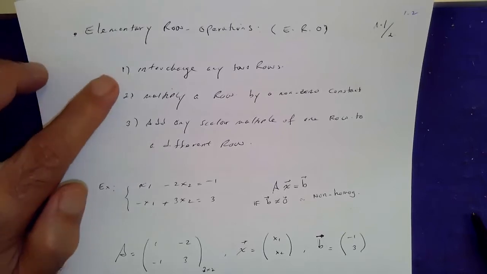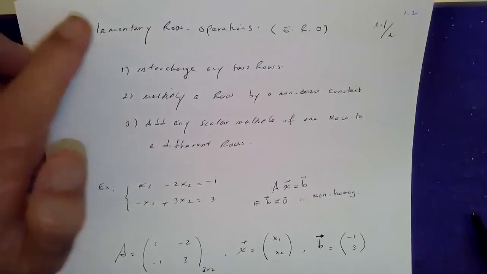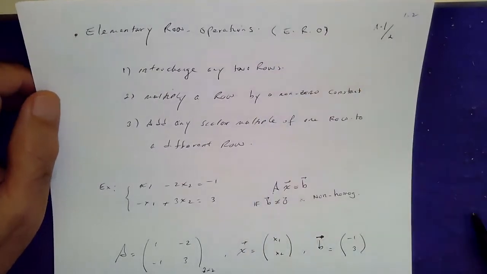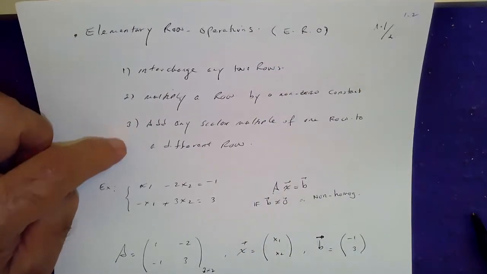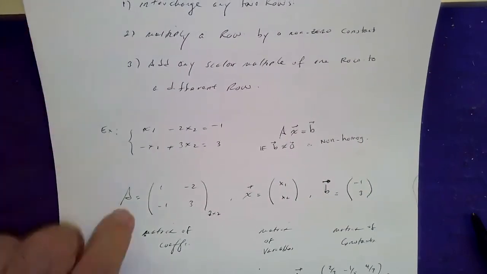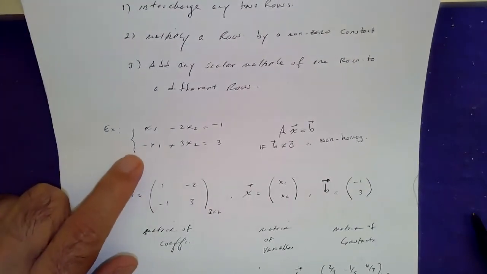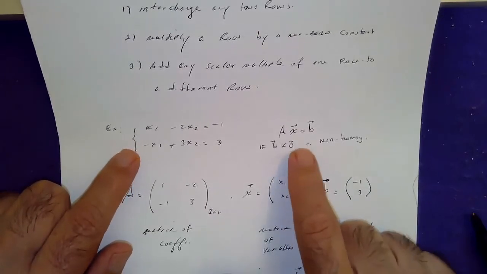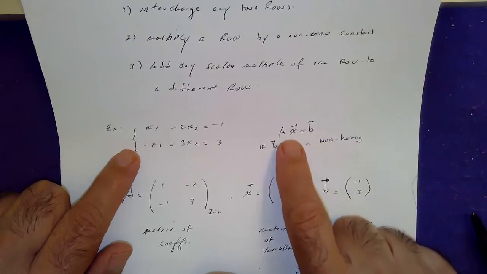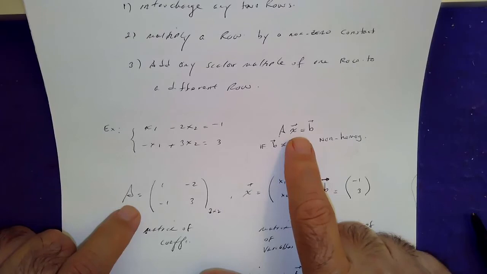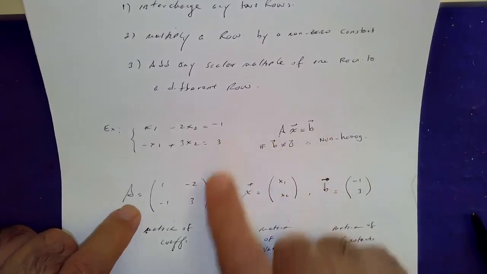Well, it turns out those operations, known as elementary row operations, with the acronym ERO, still hold true for matrices. If you have a system of linear equations like so, usually the system is written as AX equals B, where A is a matrix of coefficients, X is the matrix of variables, and B is the constants on the right side.